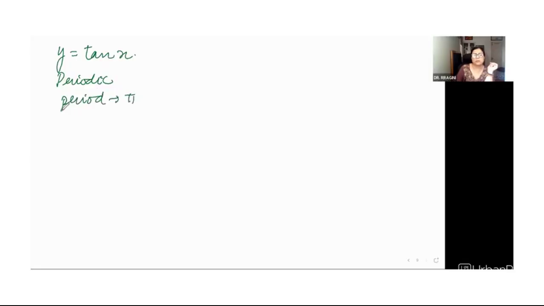Period is pi. Domain is R. Range? What is the range here? Okay, we'll plot the graph and then I will tell you. And this is an odd function.